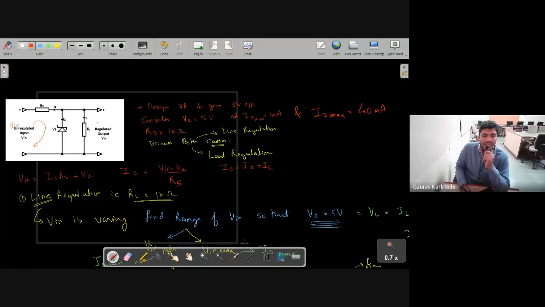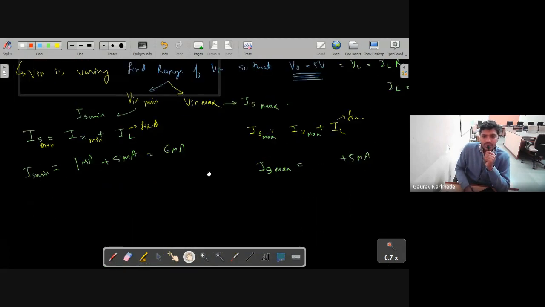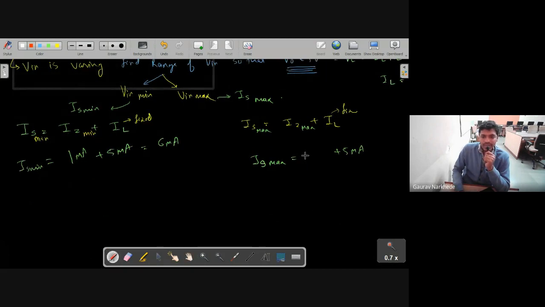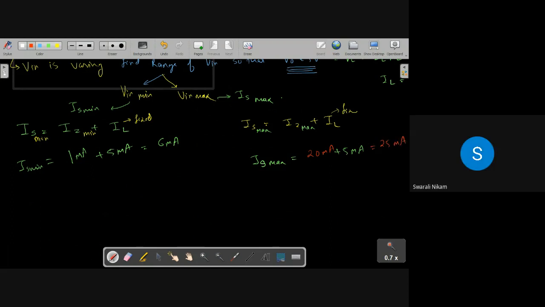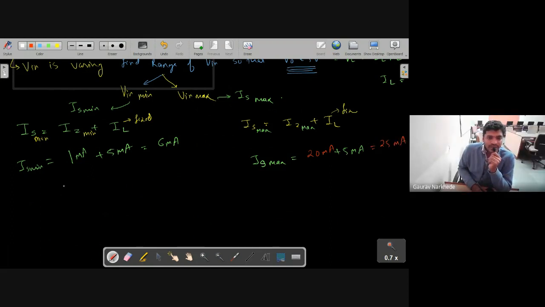That is a bit too much. Let us take 20 milliamperes. Assuming it is 20 milliampere, what will IS maximum be? 25 milliamperes, right? So can you calculate the range?